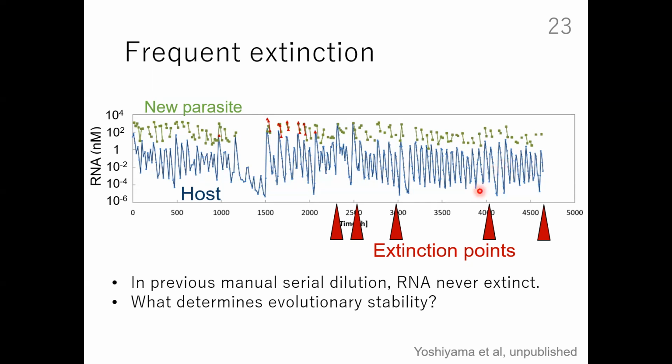So it may cause a significant decrease of the RNA population that may cause extinction, I think, but I'm not sure presently. But I think that the difference between the automated system and the manual system may provide useful insight to understand the stability of the replication system.